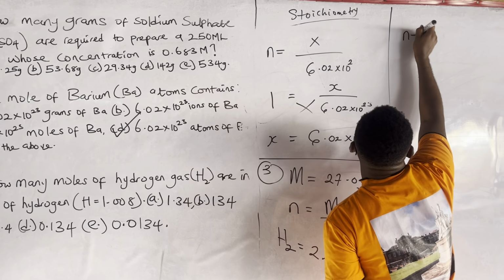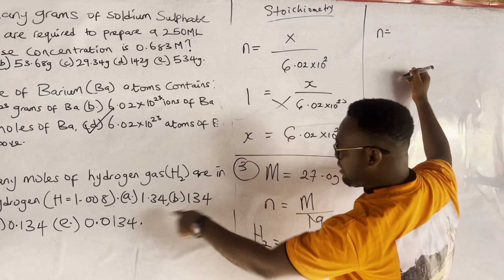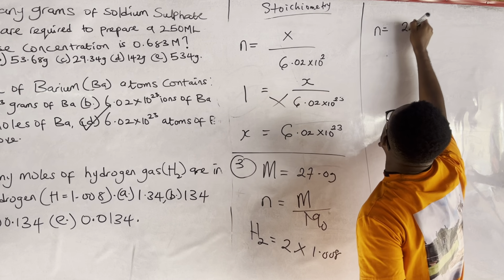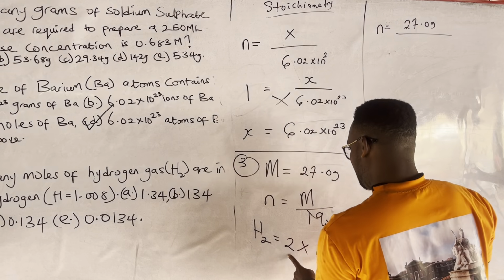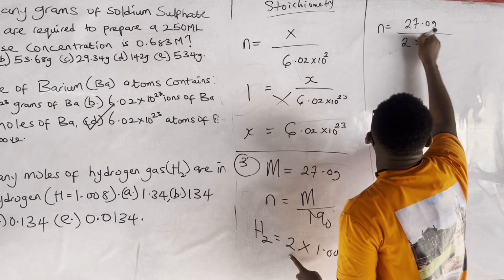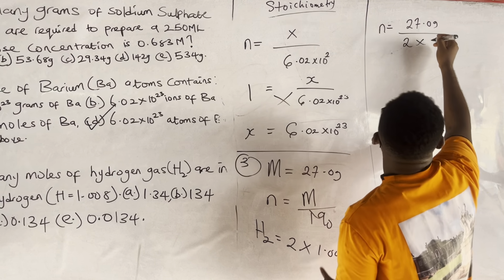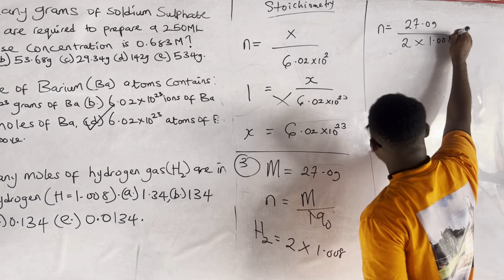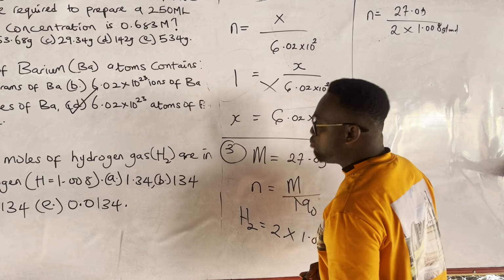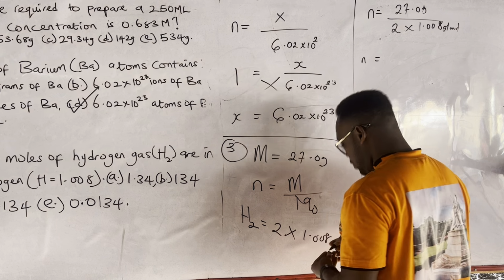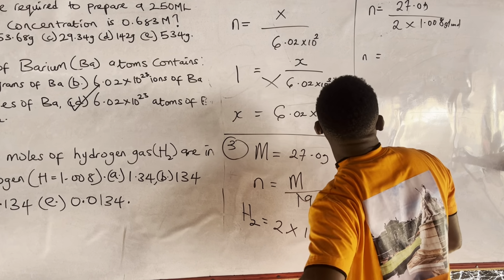So number of moles: what is the mass in the question? 27.0 grams divided by the molar mass, 2 times 1.008 grams per mole. So that gram cancels gram, and we are left with mole.